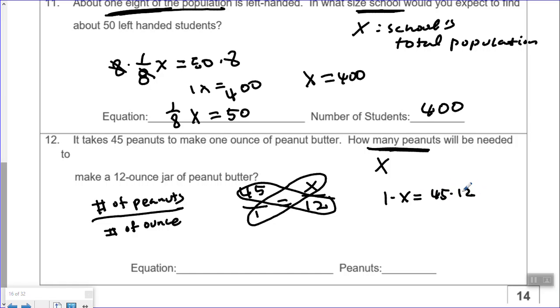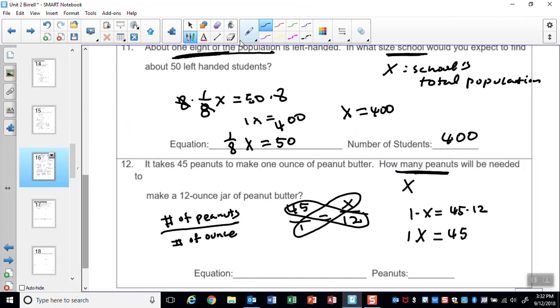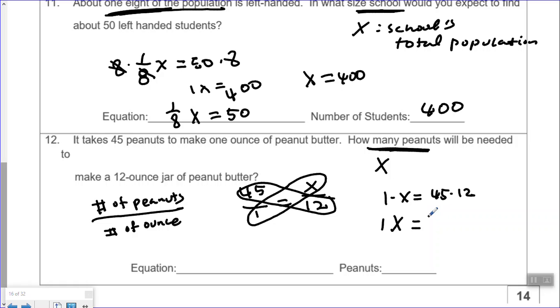Put it in your calculator, 45 times 12. So x equals 540. And x equals 540. That's the answer. And then your equation is 45/1 equals x over 12.